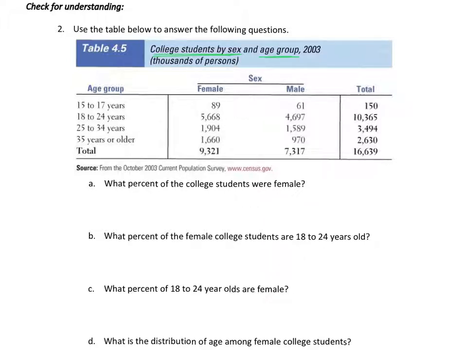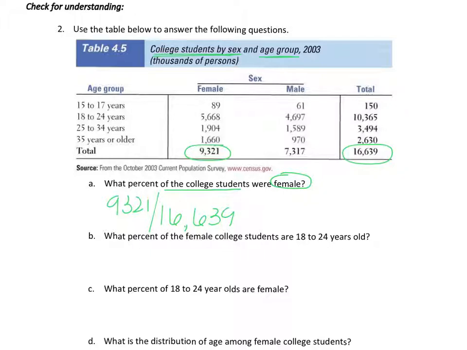So in this case, I'm focused on all of the college students, which is everybody in this table, and I want to know the % that are female. The total for the females is at the bottom of the female column. So the % of females is 9321 divided by 16,639. You can change that into a decimal and then calculate the % if you would like.